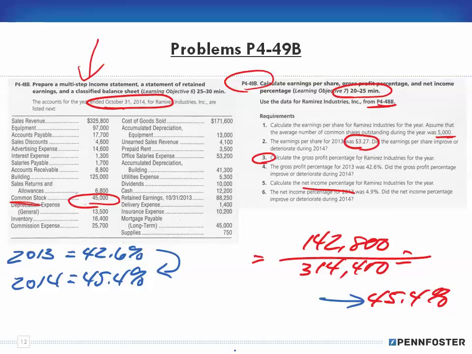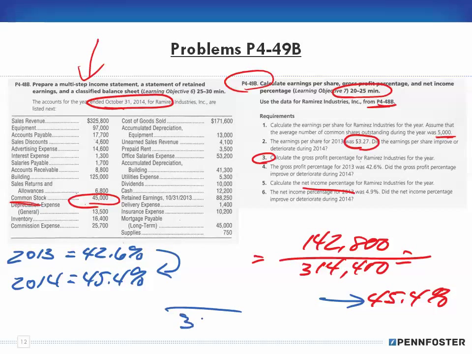But what does the increase mean? Well, think about it. The gross profit has improved. Let's see here. Okay, I paused the video just real quick because I was just thinking about numbers, and that's how you can think about this.